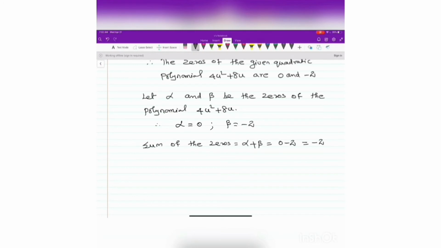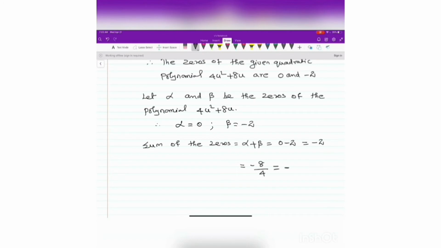I can write this minus 2 as minus of 8 by 4. I am making slight modifications here because I have to verify the relationship between the zeros and the coefficients of the given polynomial.